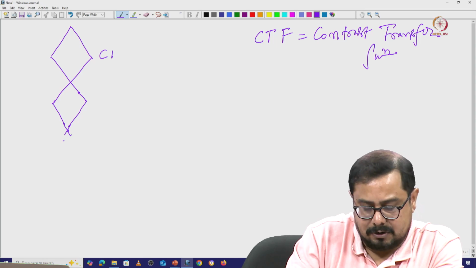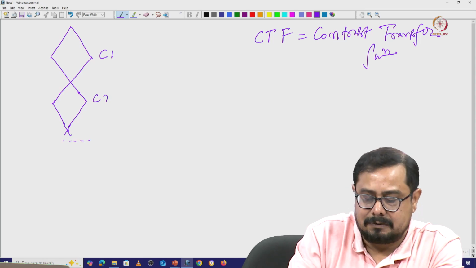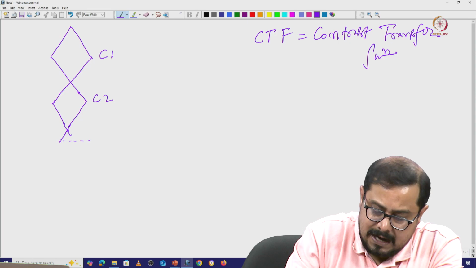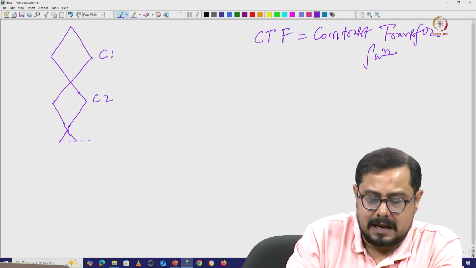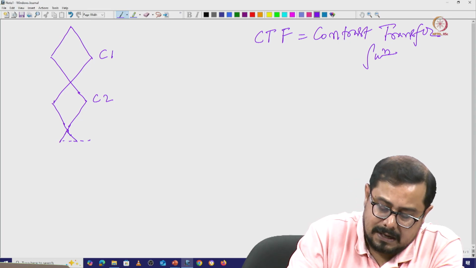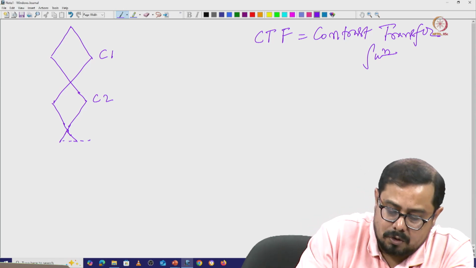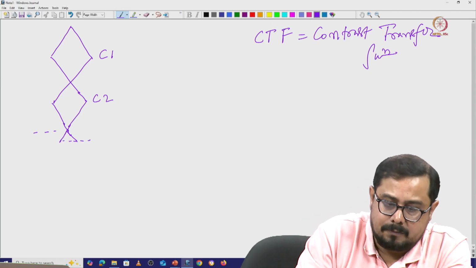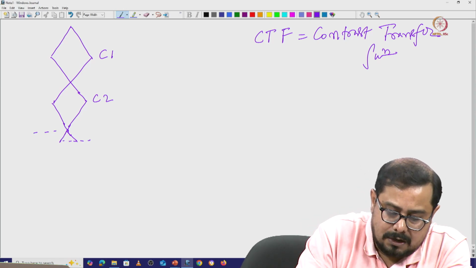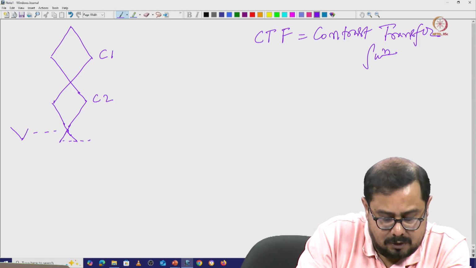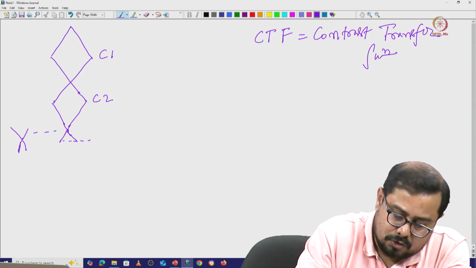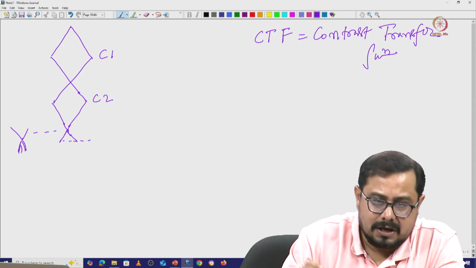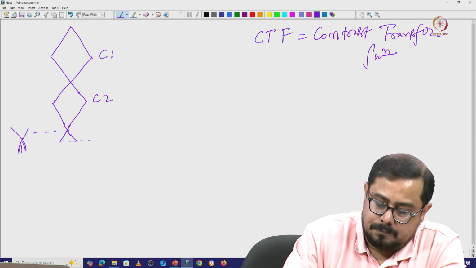Our sample is somewhere here. Definitely I should make a parallel beam. So in this particular case you have to make your electron beam converge at some point, and then the electron beam should go like a parallel beam.